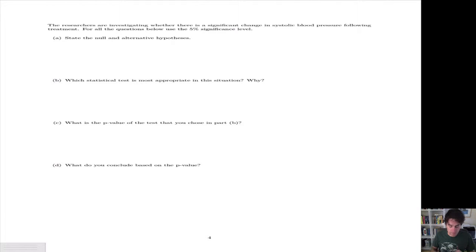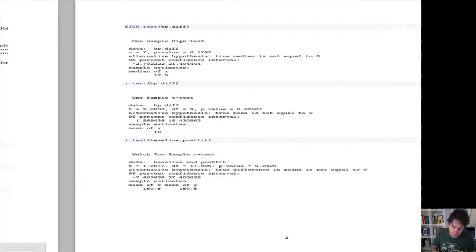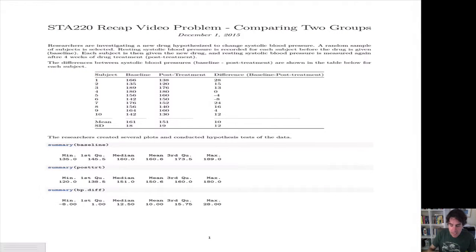So what are these? Well, let's go back to the data. Each subject has two measurements. So that means that we have paired data. It's a paired sample.